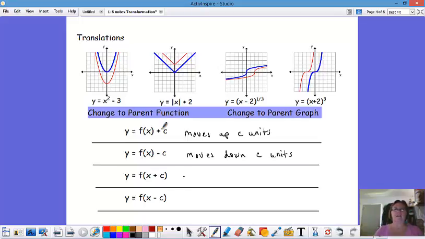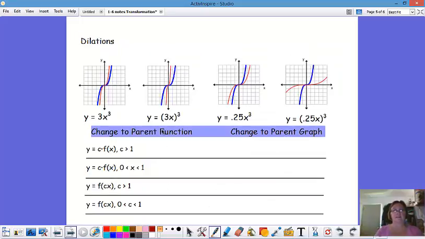So these guys go the opposite of what you would expect. It moves the entire function left c units here. And when we show x minus, that means we're moving to the right. Moves right c units. All right, so we've talked about reflections and translations.